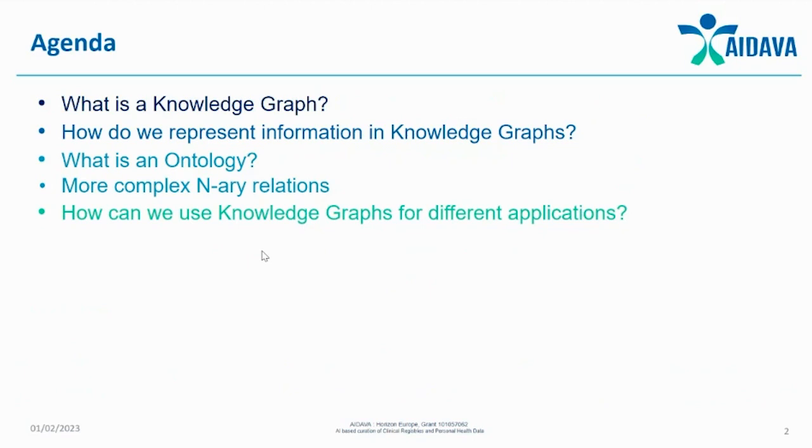I will briefly discuss the topic of ontologies, taxonomies, etc. And Todor will present more complex entity relations presentations, and we'll discuss briefly how can we use knowledge graphs for different applications. At the end of the presentation, we'll have a question answering session, and please feel free to ask your questions.